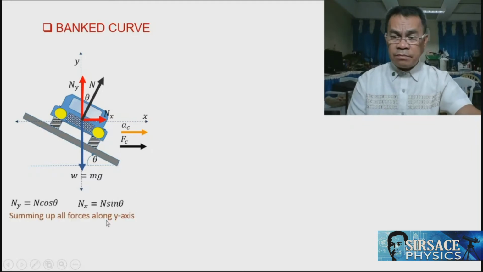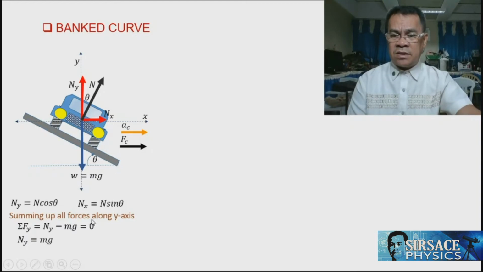Now, if you sum up all forces along y, the forces along y are the weight and the normal force along y. So therefore, in y, with positive up, the weight is negative, equal to 0. So we can say that the normal force along y is equal to the weight. This is to ensure that there was contact between the car and the surface.